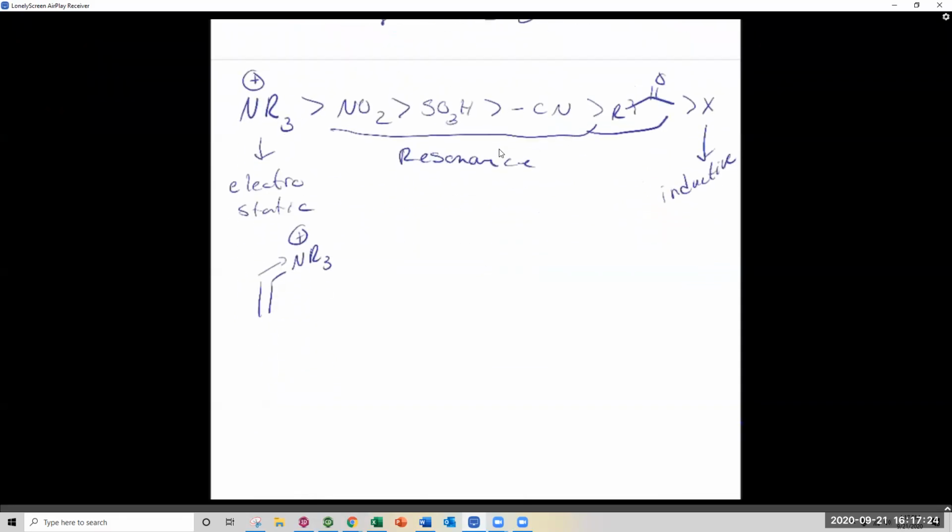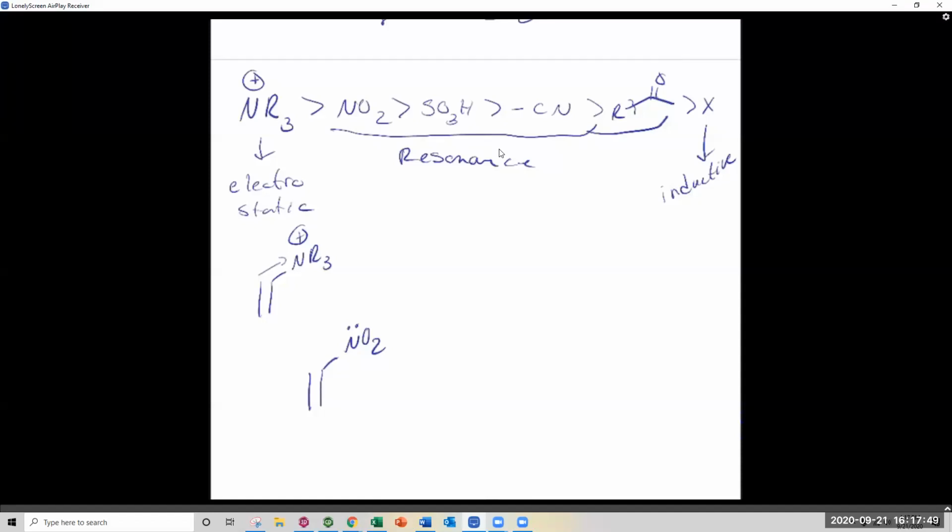And so again, we can look at the resonance forms. Say I want to put a nitro group here and do resonance with it. What I'm going to find right off the bat is that a lot of you will want to put a lone pair of electrons on this nitro group, and then you're going to realize, well, I can't resonate.